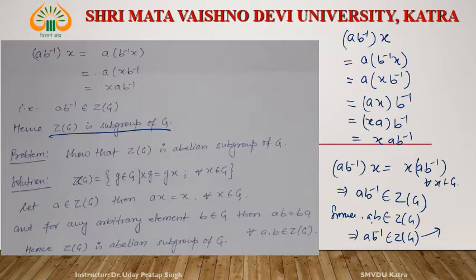Now, is Z(G) an abelian subgroup of G? The problem is that we have to prove that Z(G) is an abelian subgroup of G. Whether Z(G) is an abelian subgroup of G, let us check.